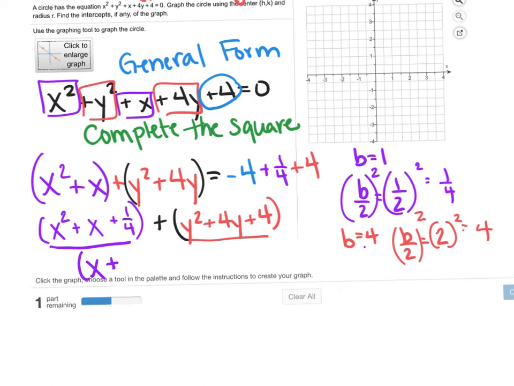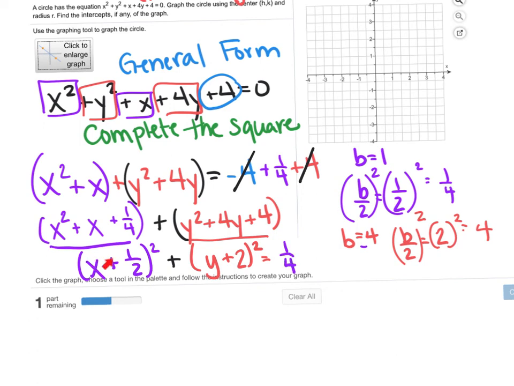My b over 2, if you look at this one right here, is 1/2, so that's x plus 1/2 squared. And then the other part would be plus, again, y plus 2 squared, where b over 2 is 2. And that's equal to, if you look here now, we see that the -4 and +4 cancel, so you're left with that equal to just 1/4.